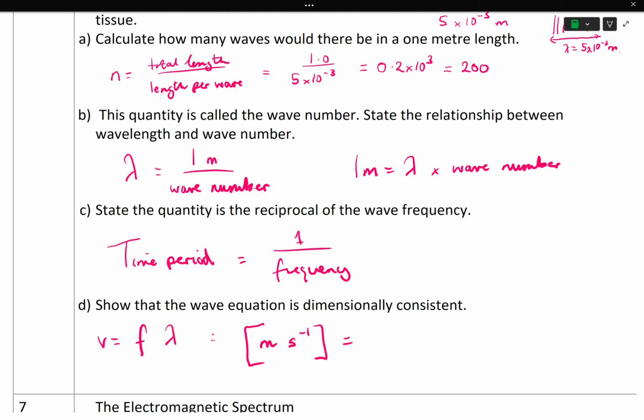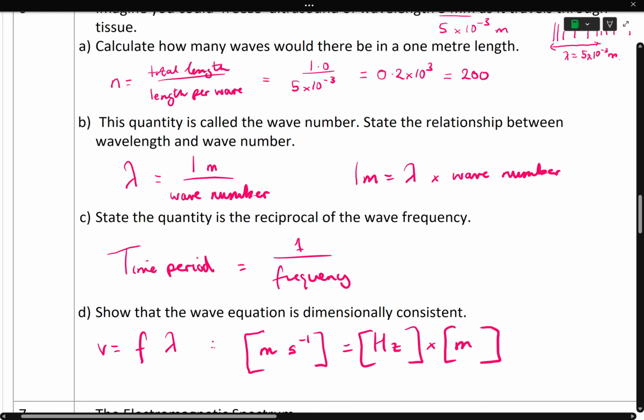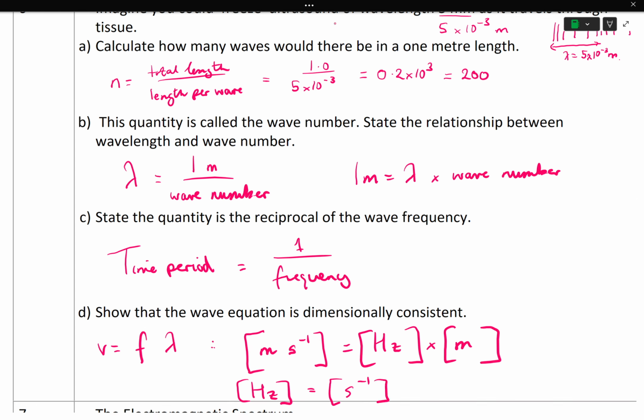The unit of frequency that we'll start off with is hertz, and then we're multiplying that by the unit of distance, which is meters. But as long as we remember that the hertz is equivalent to seconds to the minus 1, then we can see that these two are dimensionally consistent with one another.